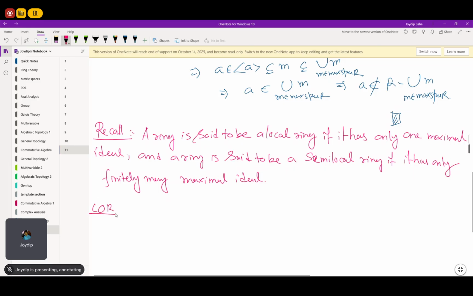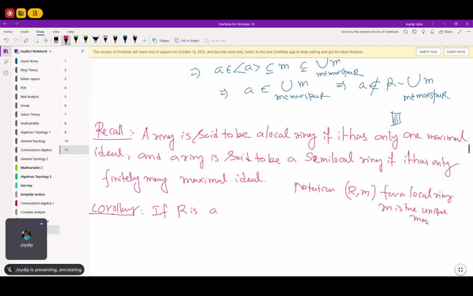Corollary. If R is a local ring, notation R_M for a local ring, M is the unique maximal ideal.